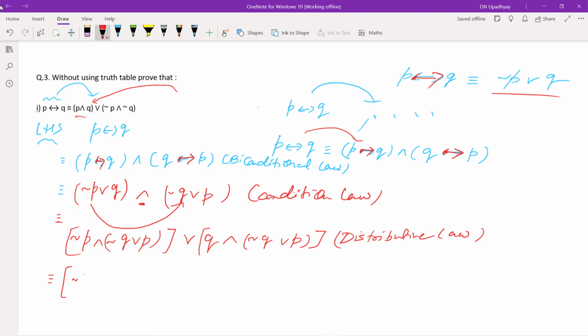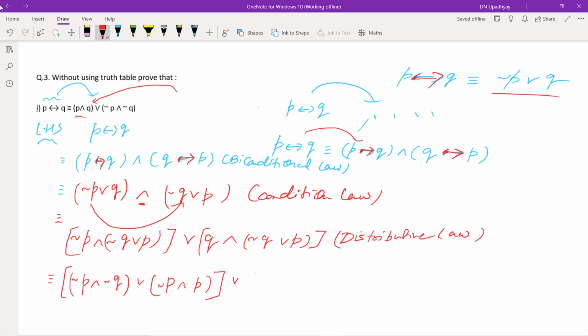Here again we have to open this, means distribute this. So again the distributive law. So negation P and negation Q, or negation P and P. This is nothing but the distributive law.